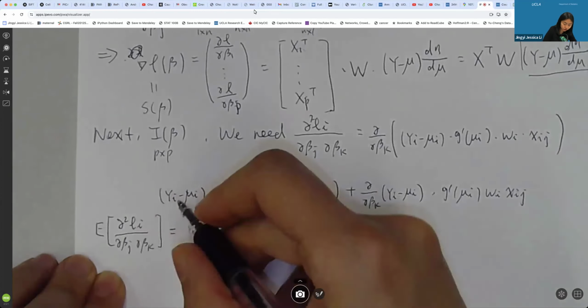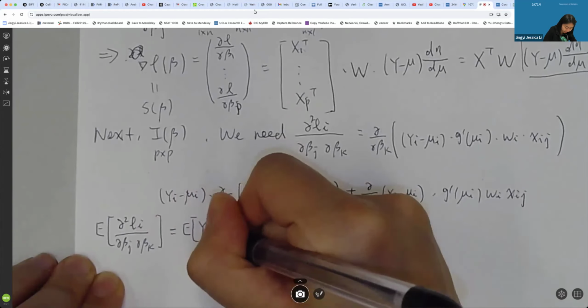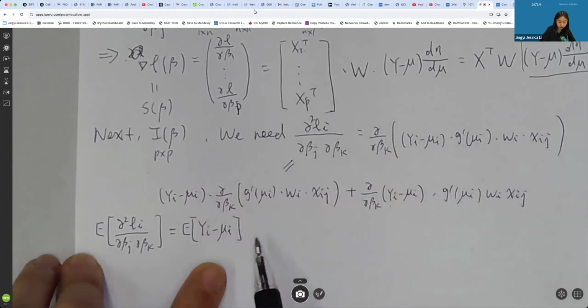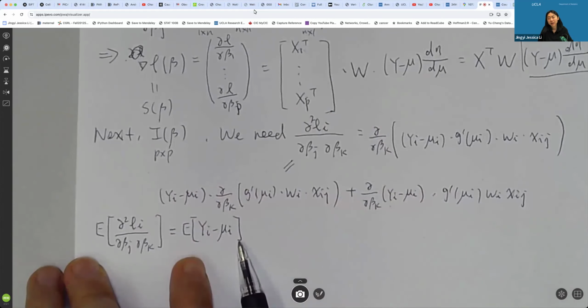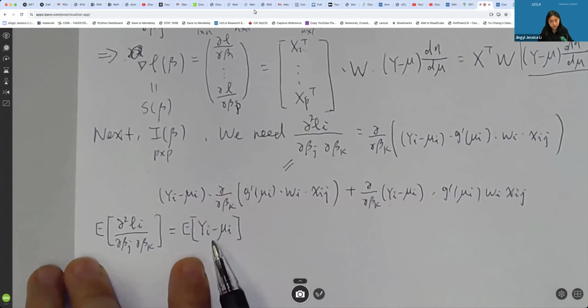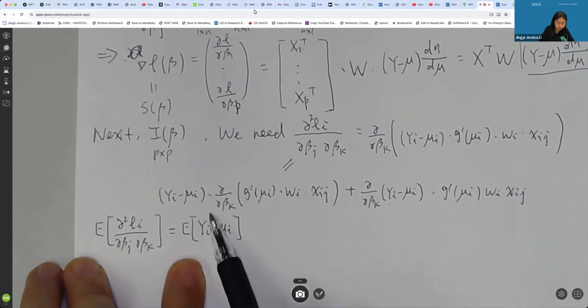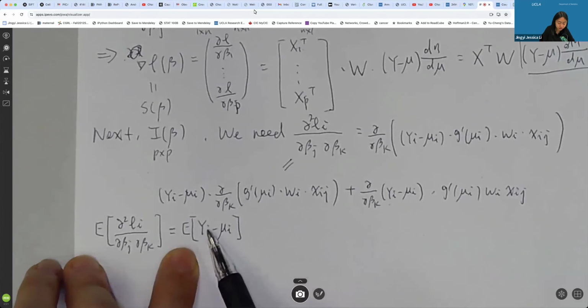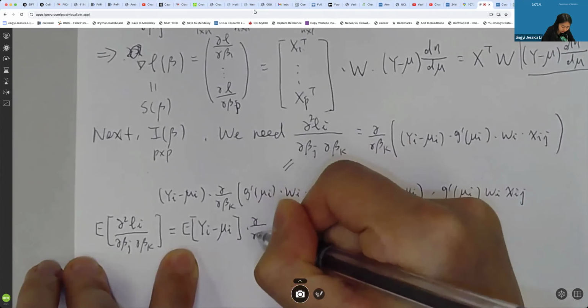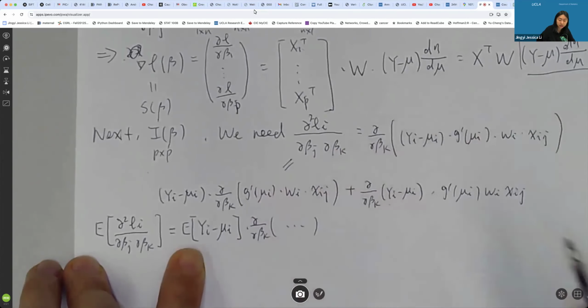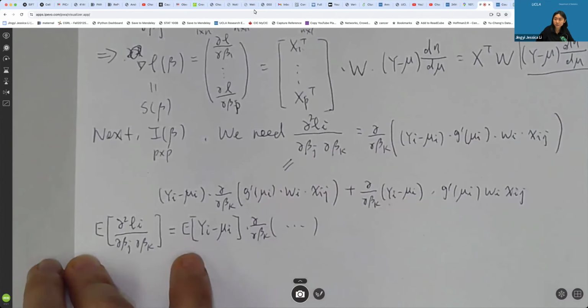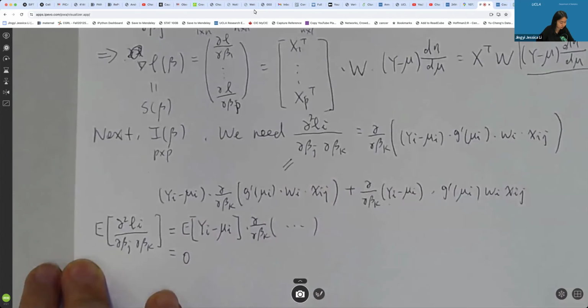The first term gives me the expectation of yi minus mu i, because when we take expectation we need to know the random variables, and the random variable here is just yi. Nothing else is random. The remaining terms stay, but this term is actually 0, because mu i is defined as the expectation of yi. So I have 0 for the first term.